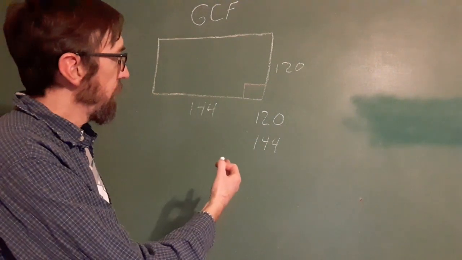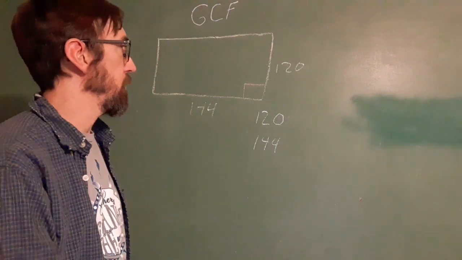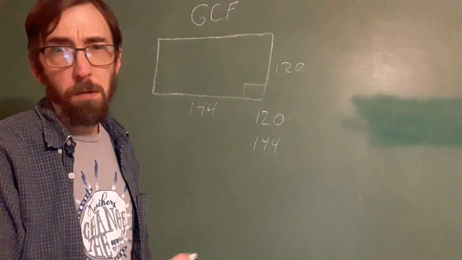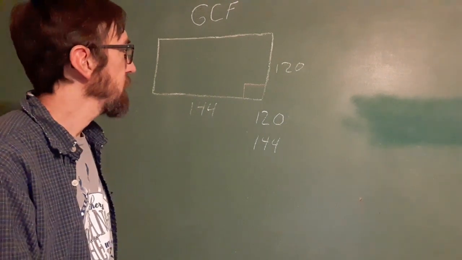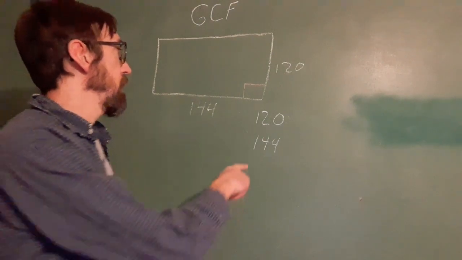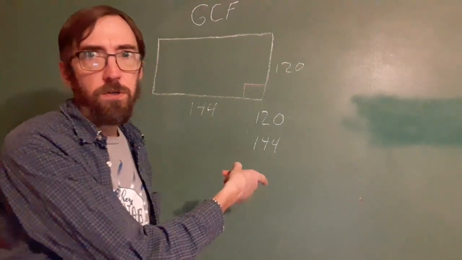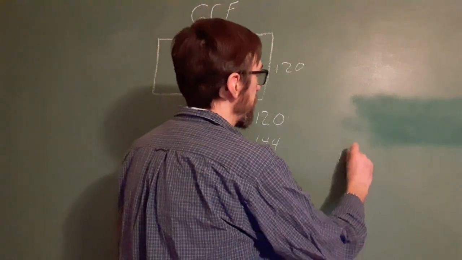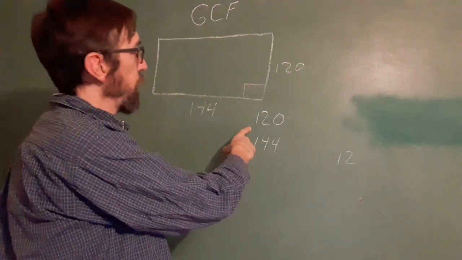We can see that 2 is certainly going to divide this, but 2's probably not big enough. So we could ask questions about larger numbers. 144 is a square number itself, so we know that 12 will definitely divide this. Will 12 divide this?